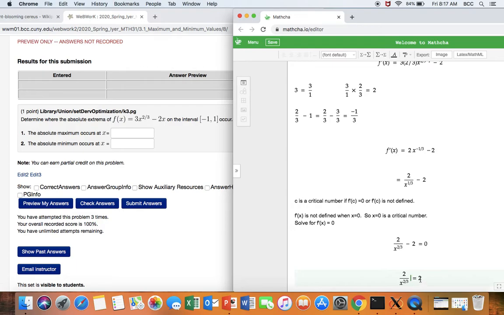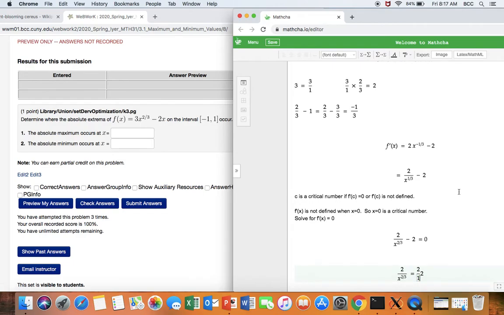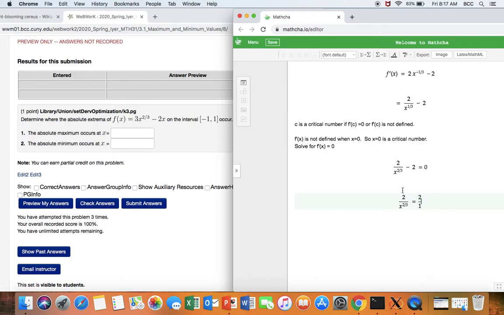Okay, why don't I write this 2 as a fraction, because the left hand side is a fraction. 2 upstairs and 1 downstairs. Okay, so I moved this 2 there and wrote it as a fraction, 2 over 1. Why would I write that? Because the left hand side is a fraction. Now I'm able to cross multiply.